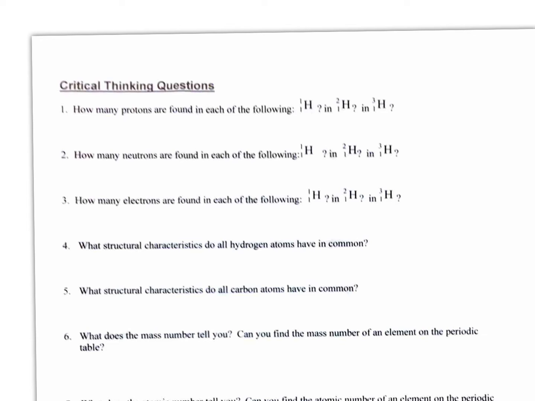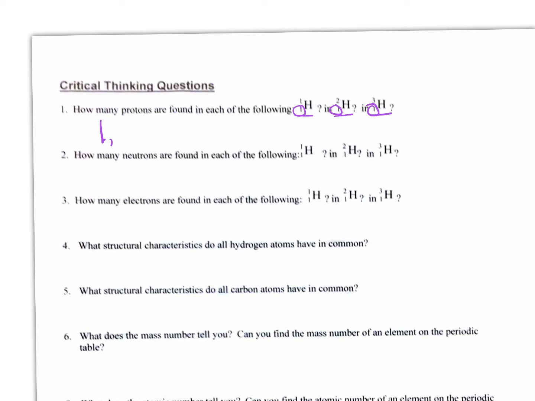All right, so let's look at these questions based off the information we just analyzed. How many protons are found in each of the following? So we've got 3 hydrogen isotopes, and according to this symbol, the atomic number would be right here. The atomic number is the number of protons, so the number of protons is 1.